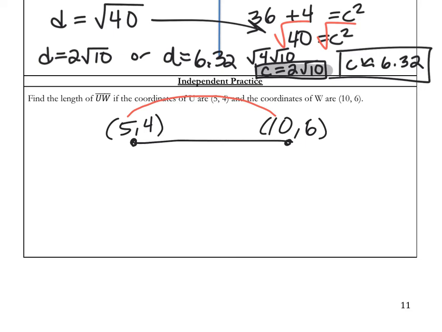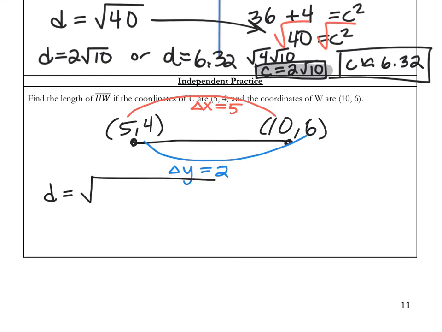So for my x values, the distance between them is 5 to 10 is 5 spaces. For my y values, my distance is 2. And now I can use my formula, which says that I have the change in x squared plus a change in y squared. Plug it in.